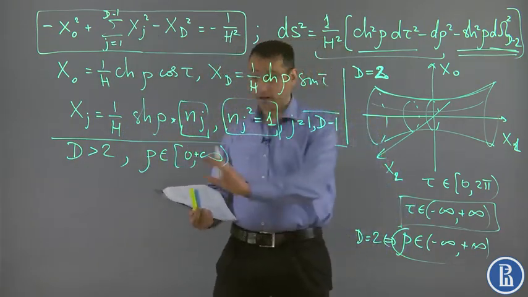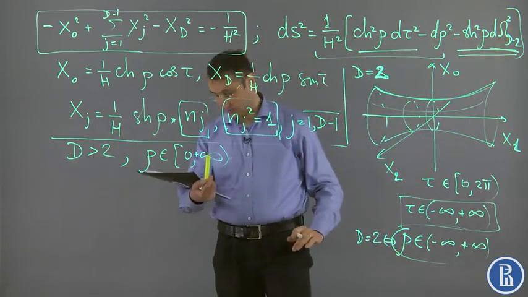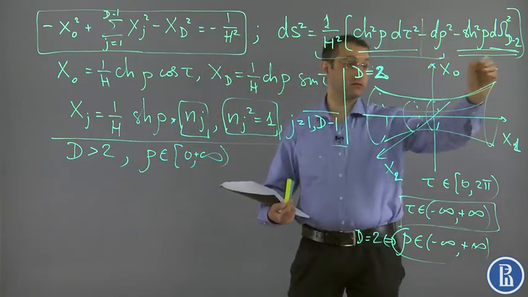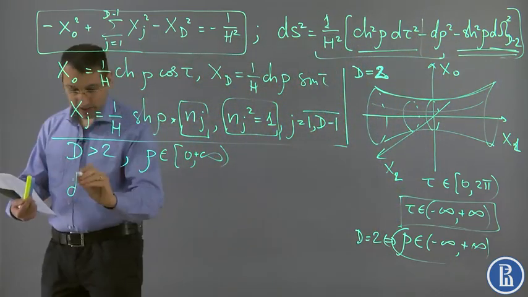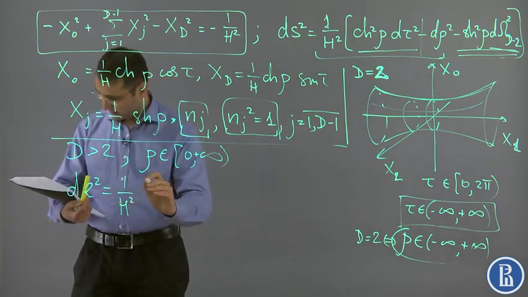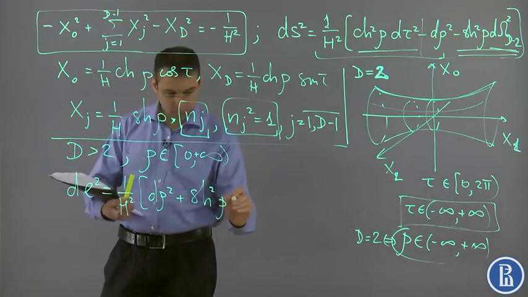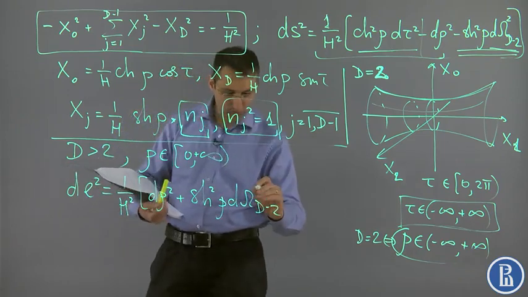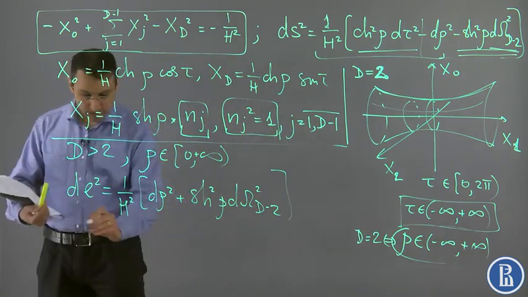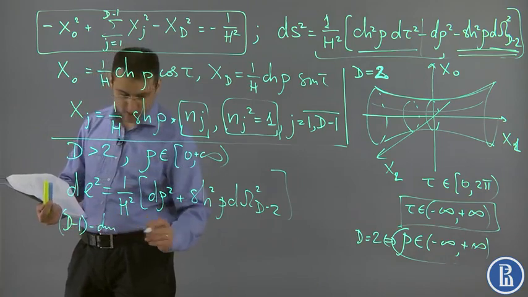That is how we cover anti-de Sitter space uniquely, only once. The time slice, this part of the metric, has the following form: 1 over h squared times d rho squared plus hyperbolic sine of rho squared d omega d minus 2 squared. This is actually d minus 1 dimensional Lobachevsky space.